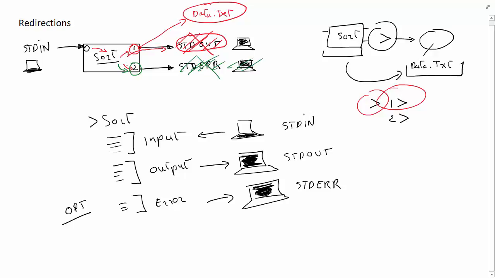Instead, I want it to be redirected to a file, and this file is going to be, in this case, sort.log. So any error will go into that file. Very good. This is really the analog of what we have done with greater than and 1 greater than, but now we do it with 2 greater than to redirect this specific output.